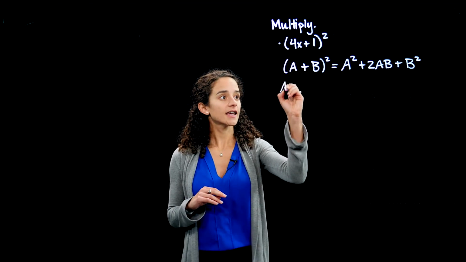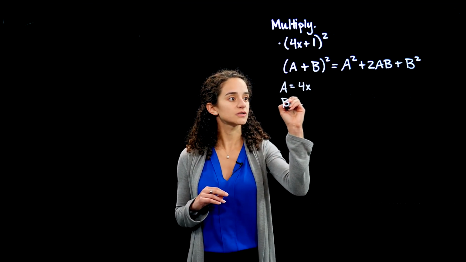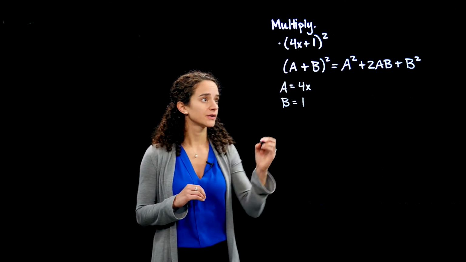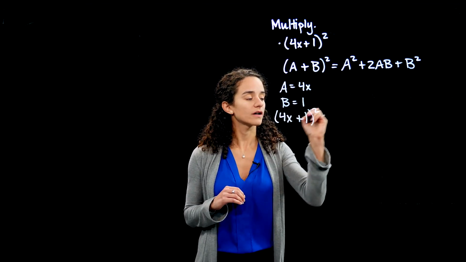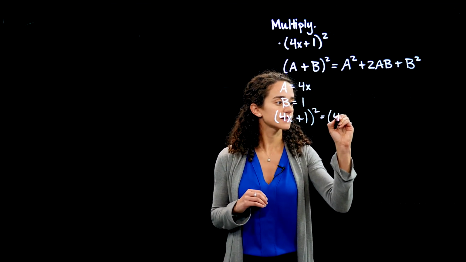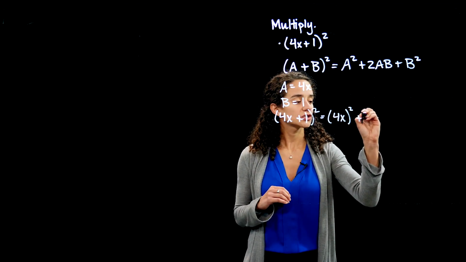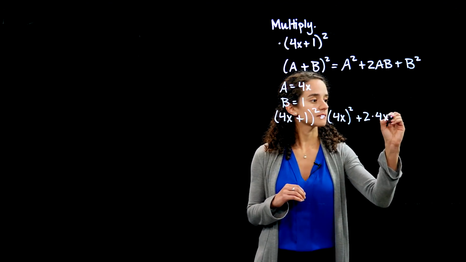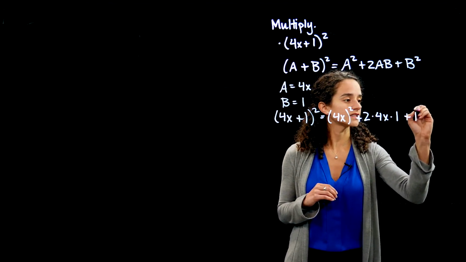Here, a is equal to 4x and b is equal to 1. And so plugging into our pattern, we have 4x plus 1 quantity squared is equal to a, which is 4x, squared, plus 2 times a, which is 4x, times b, which is 1, plus b squared, so plus 1 squared.